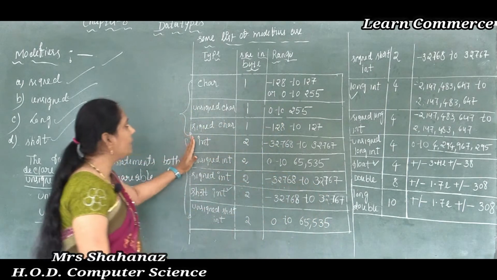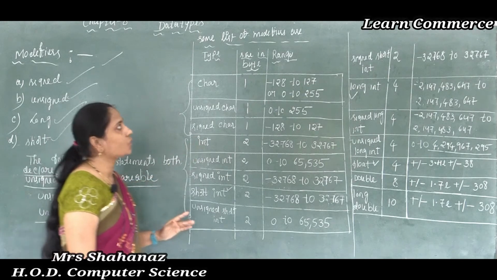So all of these are the summary list, called the list of modifiers.